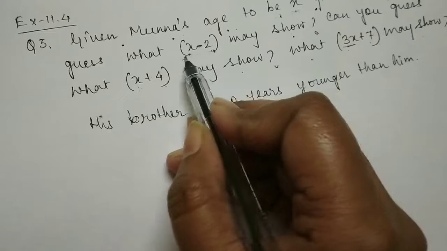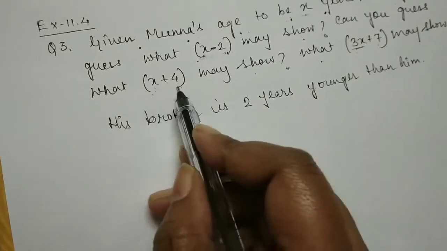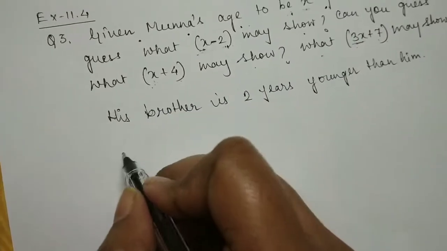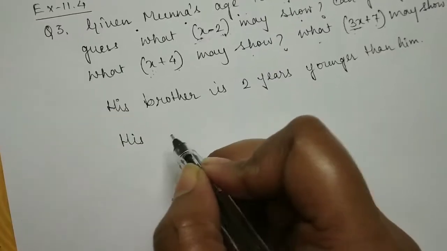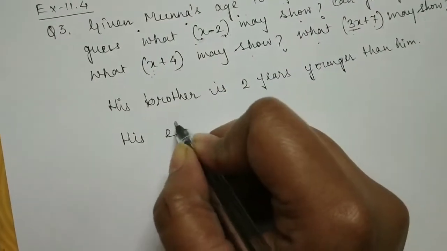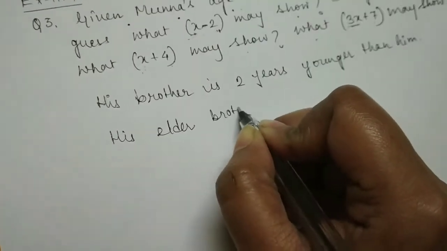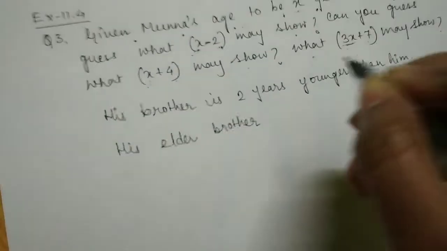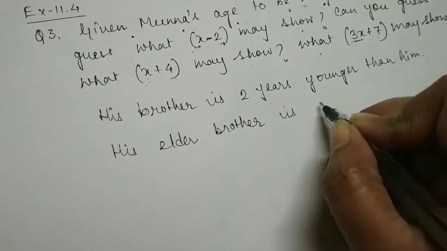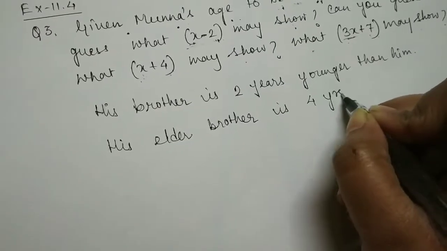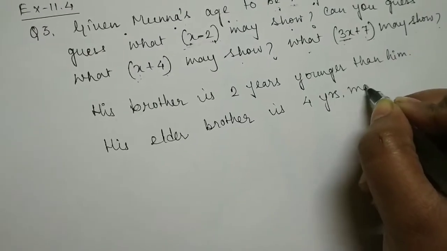Now for x plus 4 we will write his elder brother is 4 years more than him.